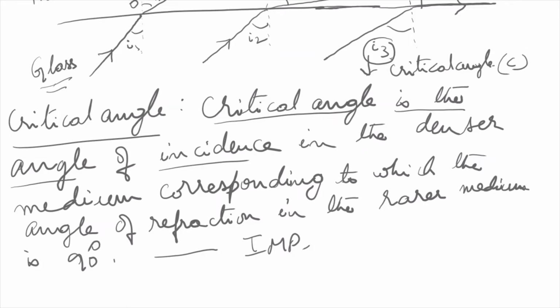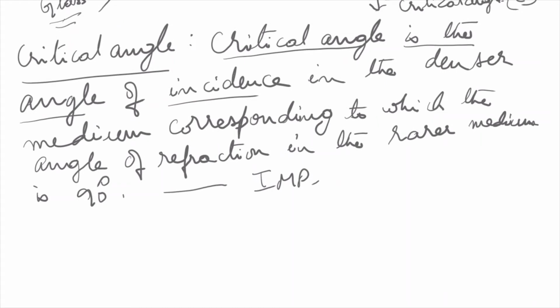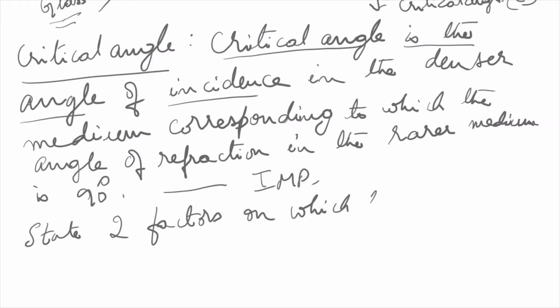Now, the next very important thing is total internal reflection. Before we go to total internal reflection, there is a small topic: factors on which the critical angle depends.